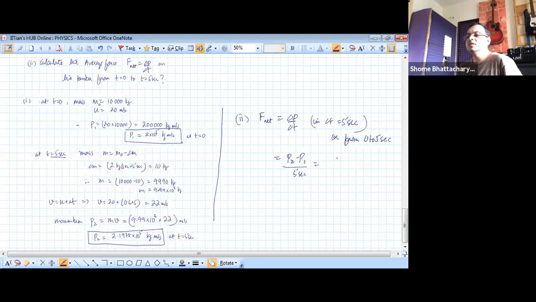So p2 minus p1 you can see is 1978 kilogram meter per second, divided by 5 seconds.